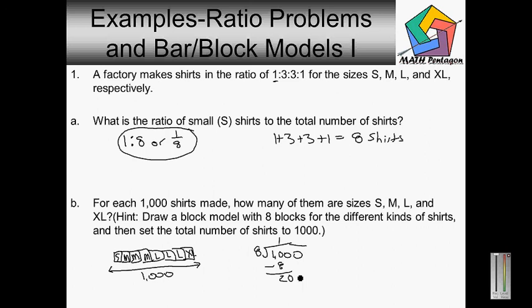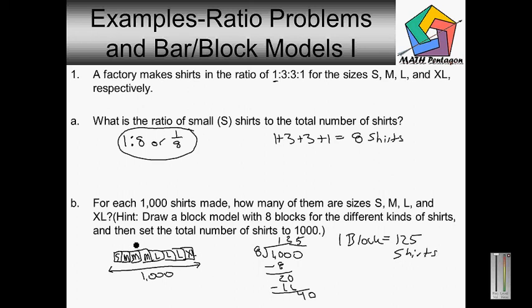Bring down the 0. 8 goes into 20 2 times. 8 times 2 is 16. So 20 minus 16 is 4. Bring down the 0. 8 goes into 40 5 times. So 1 block equals 125 t-shirts or shirts, whatever you want to call it.